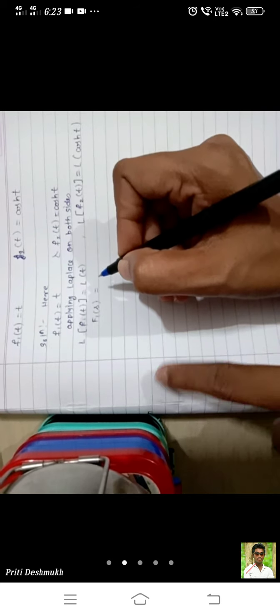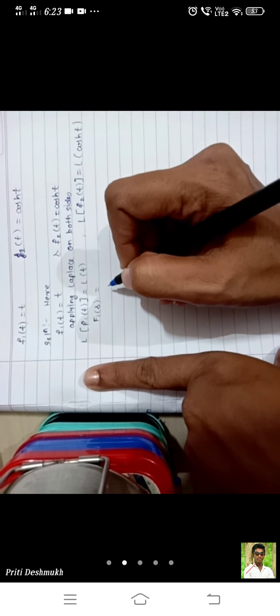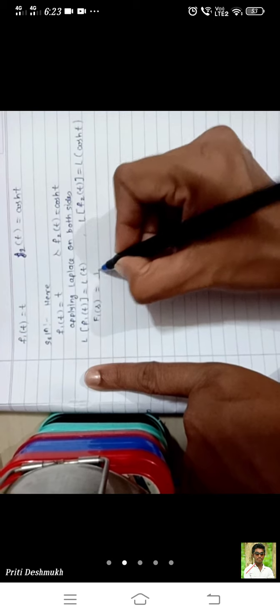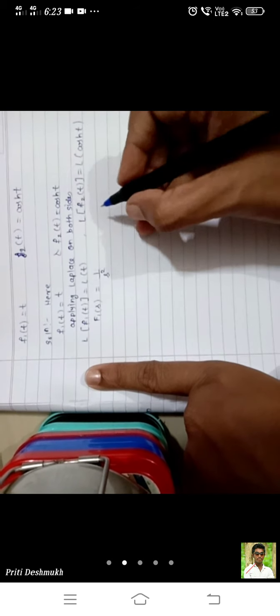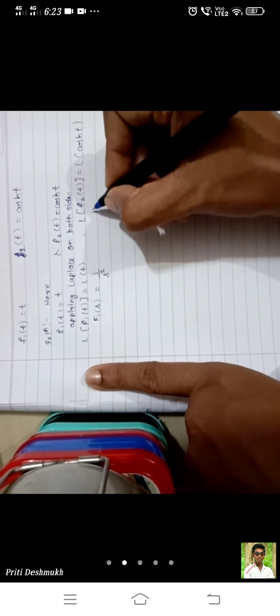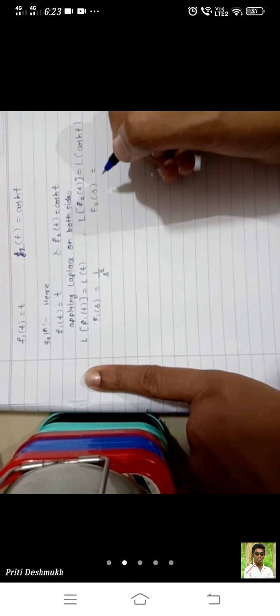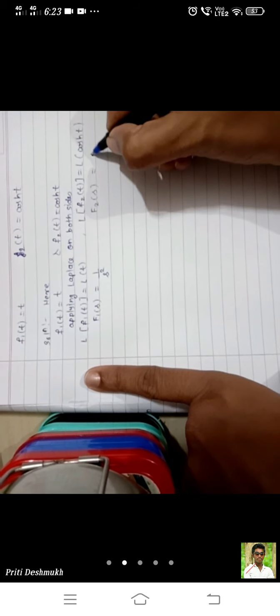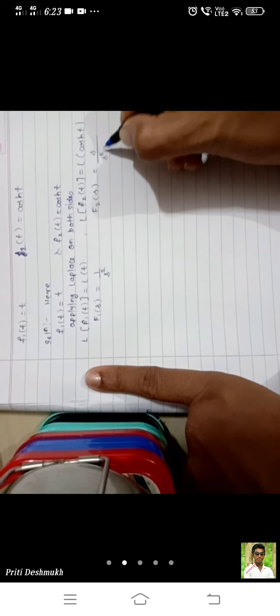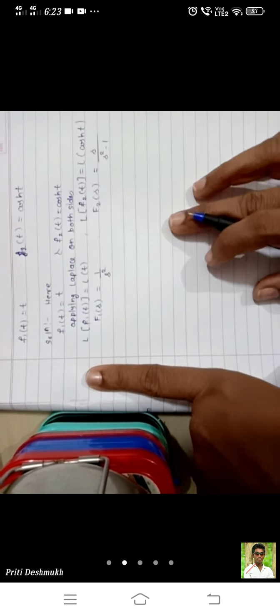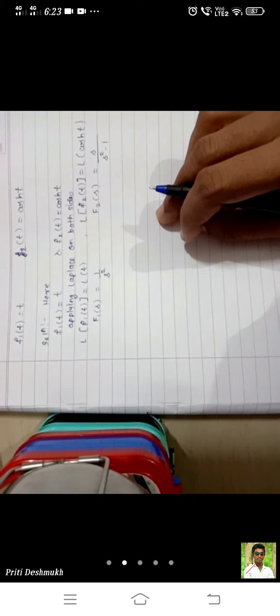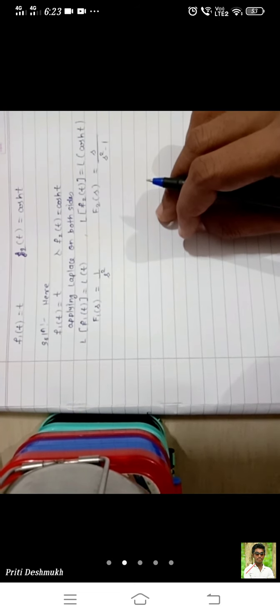Laplace of t, what is the answer? It is 1 by s square. And Laplace of f2 of t means F2 of s is equal to cos of ht, which is s upon s square minus a square. Here a is equal to 1, so s square minus 1.